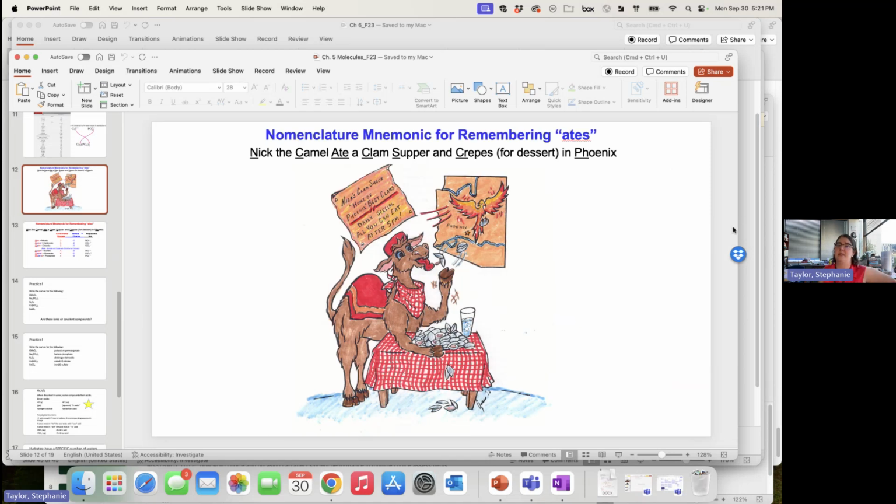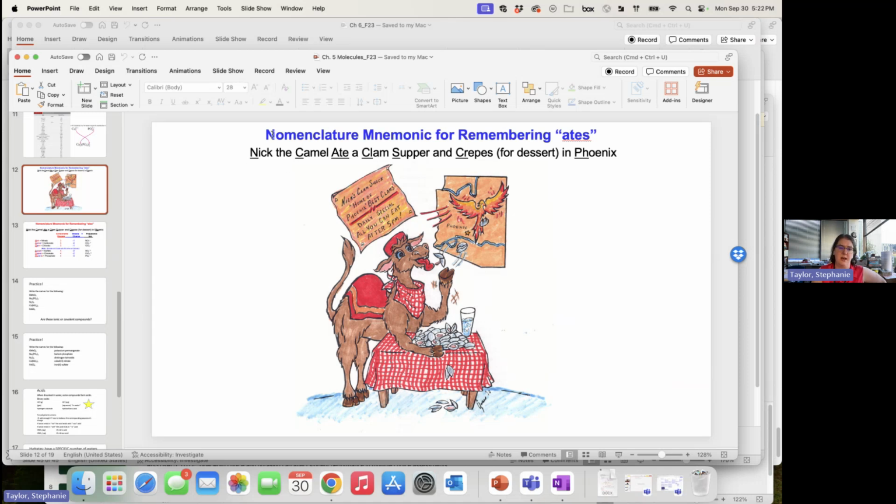But there are things like this. So this is Nick the Camel ate a clam supper and crepes in Phoenix. And what this is supposed to do is help memorize all of the polyatomic ions that end in ATE. And this can work.